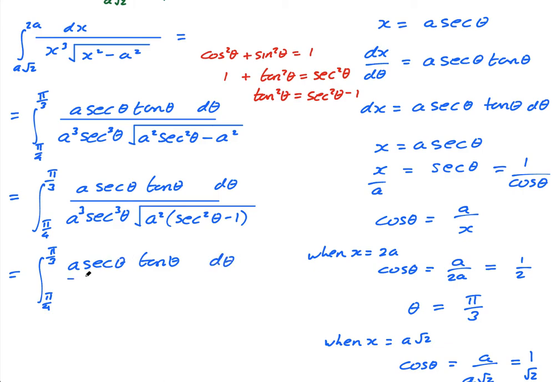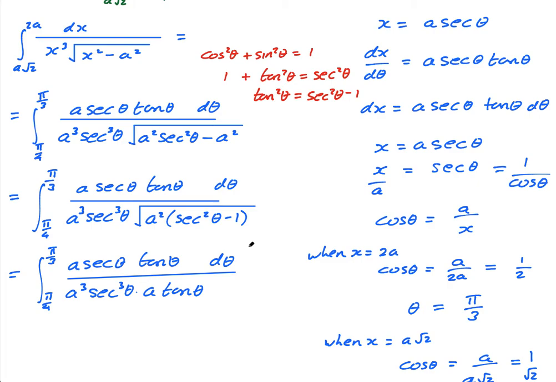This now becomes a cubed sec cubed theta into, now watch this, this a squared, it's like a squared tan squared theta, but the square root of a squared tan squared theta is just a tan theta.